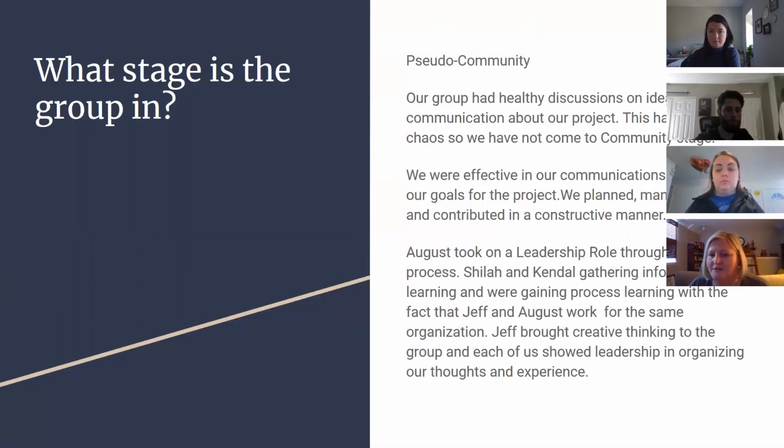Initially and throughout, Shyla and Kendall gathered information and were really learning from gaining some process knowledge, because both August and Jeff work in the same program, and that was very beneficial for us to be able to ask questions and learn from. And Jeff brought some creative ideas to the group, and it was overall just a very positive experience for our group. Even though we didn't experience chaos, we were very effective in working professionally together.